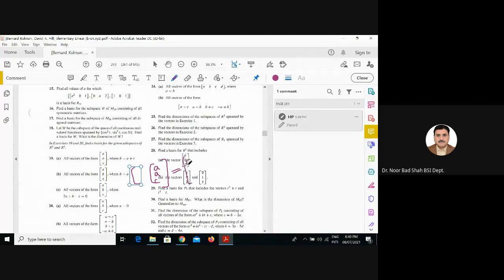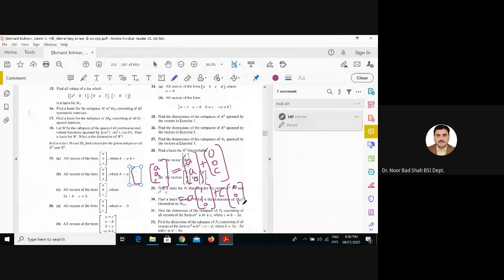One is A, 0, and the next one will be 0, 0, C. Then you take A common and C common: 1, 1, 0, plus, taking C common, 0, 0, 1.